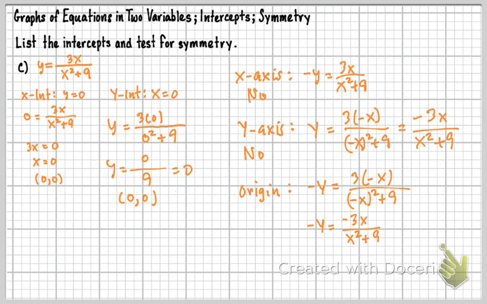And I can divide both sides by negative 1, or multiply by negative 1, and I get y equals 3x over x squared plus 9. And what I see here is that that is the original equation. So I write yes. So the last one, the origin, is it. It's symmetric with respect to the origin.